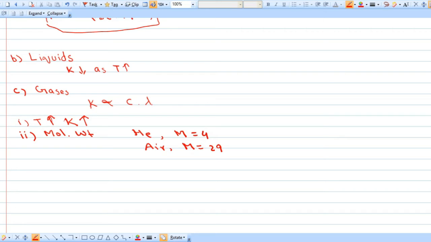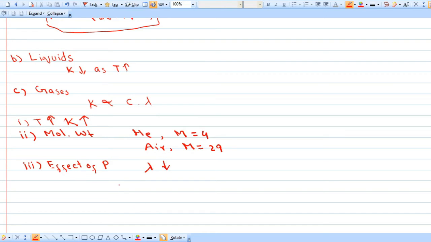This is because of the value of lambda, which is the intermolecular space or mean free path between the molecules. Normally there is no effect of pressure on thermal conductivity of the gases, because when we increase the pressure, the intermolecular spaces are reduced. Therefore mean free path lambda is reduced.